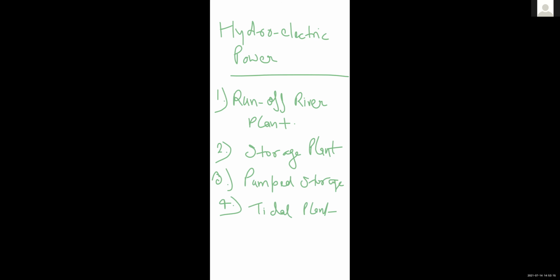So these are the four classifications of hydro plant on the basis of hydraulic characteristics. So first, run-off river plant.